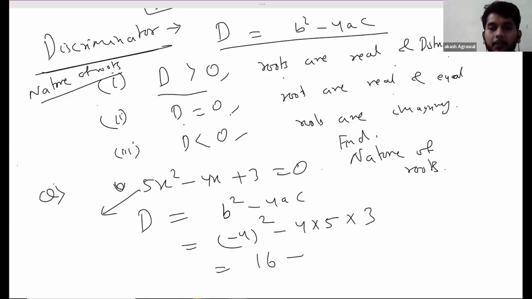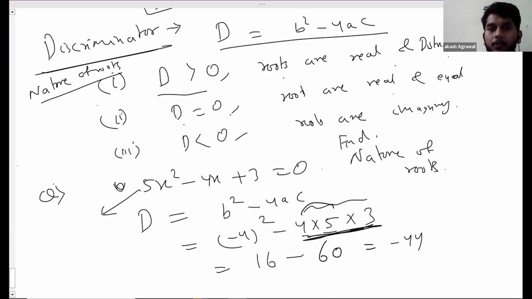This is 16 and minus. What is the value of 4 into 5 into 3? 4 5s are 60, right? So 16 minus 60 is minus 44. Right, Afnan? Yes.